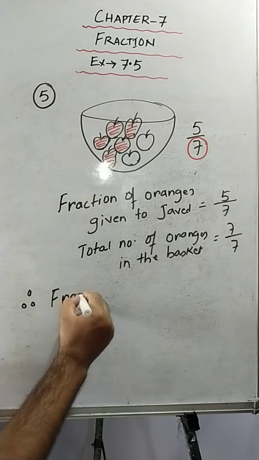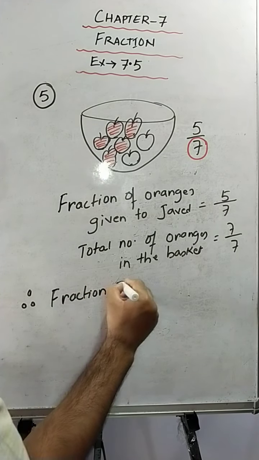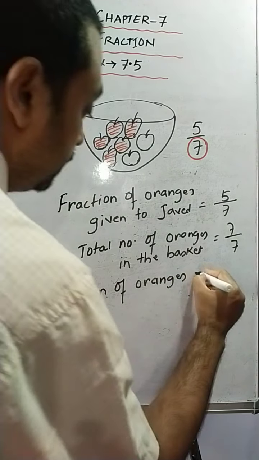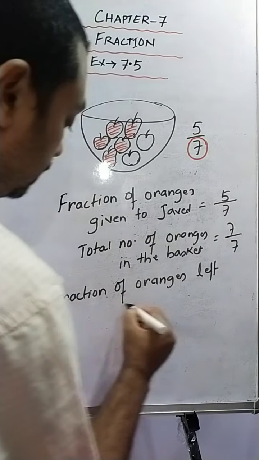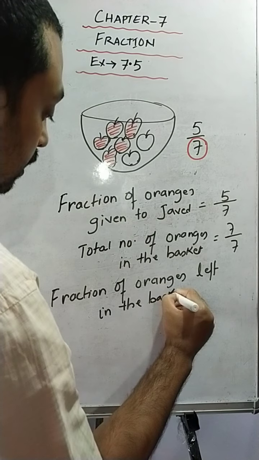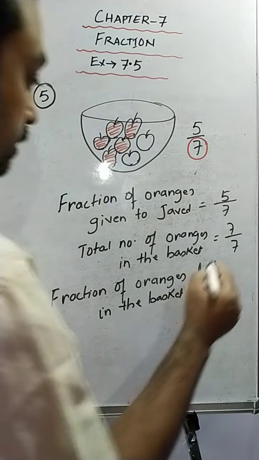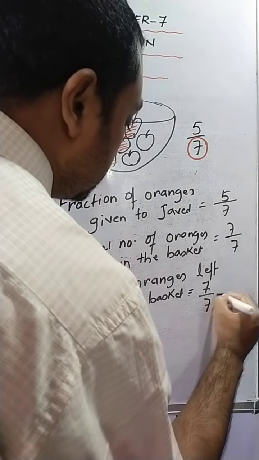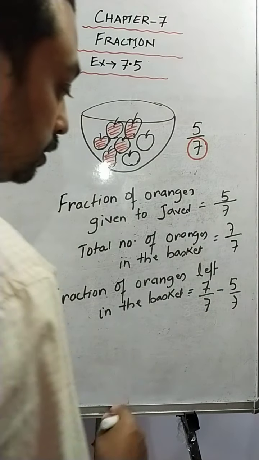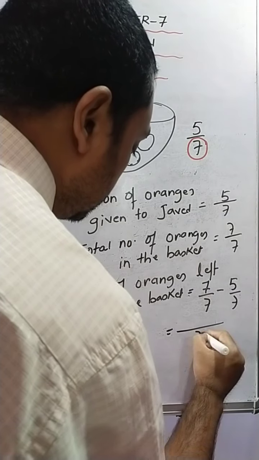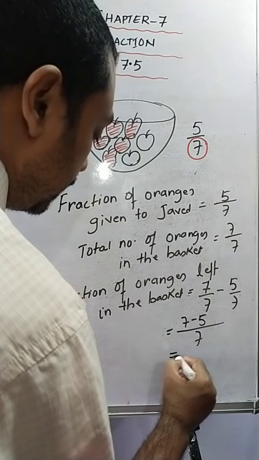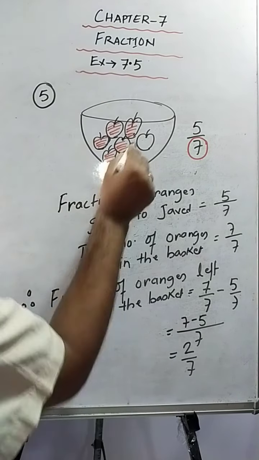So what will that be? We have to subtract, isn't it? That is, out of 7 by 7, 5 by 7 was given to Javed. So what fraction of oranges was left now? That is 7 minus 5, that is 2 by 7. See, it is matching. 2 by 7.